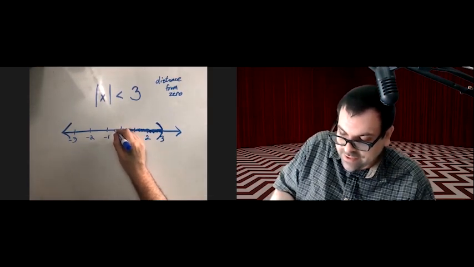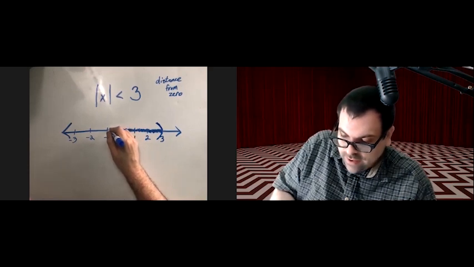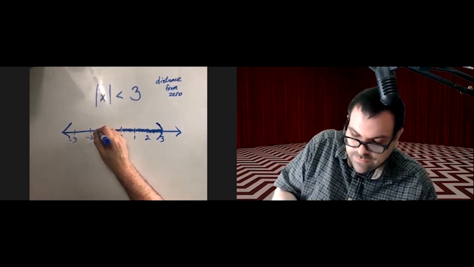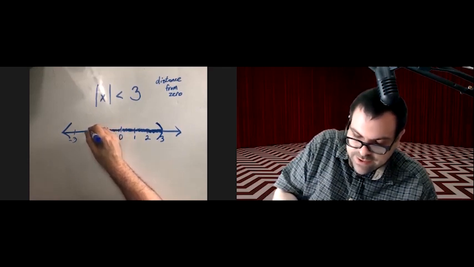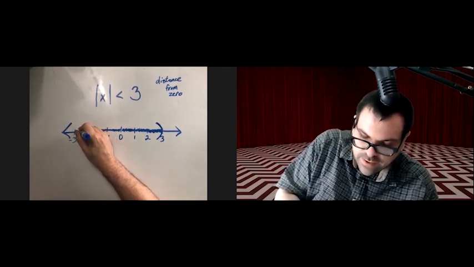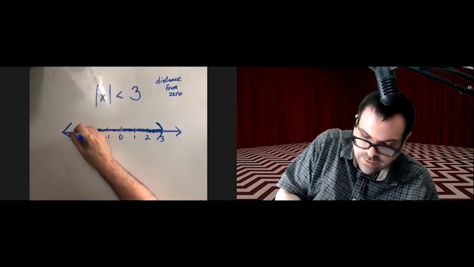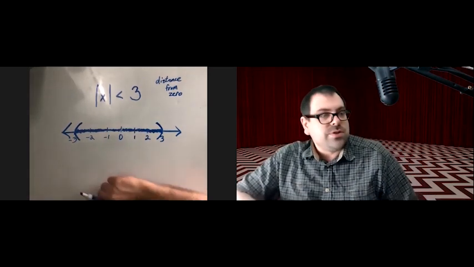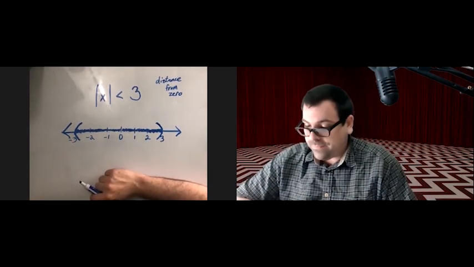Well, this stuff is less than 1 away. And then this stuff is less than 2 away. And then this stuff is less than 3 away. But negative 3 itself, that's a full 3 away. We don't have the or equal to, so we can't put that there.